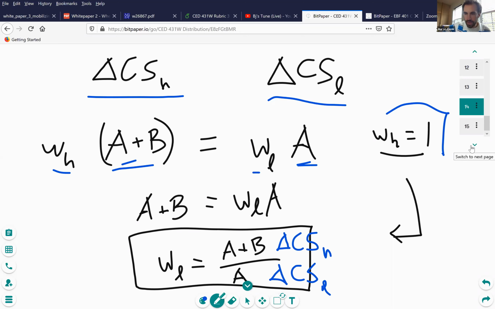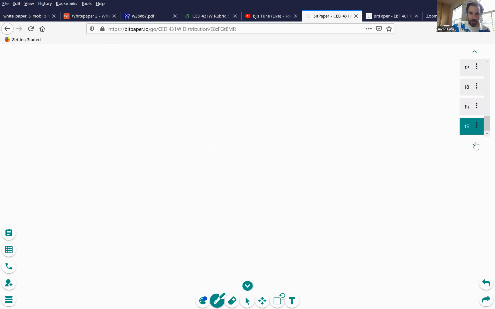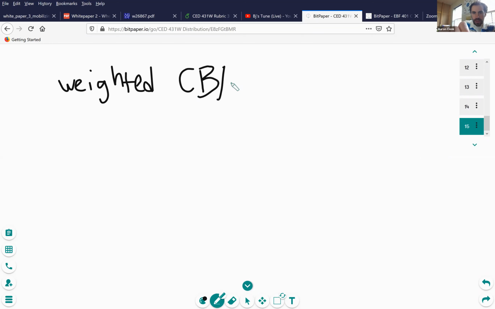Before we go on, I want to point out in general what we're doing here is the difference between standard cost benefit analysis and weighted cost benefit analysis. We're calculating NPV in a similar way as before. The only thing is now we have an extra parameter that we're using in the context of making these calculations.